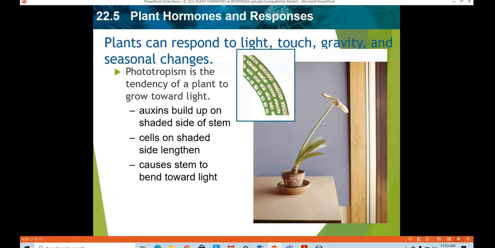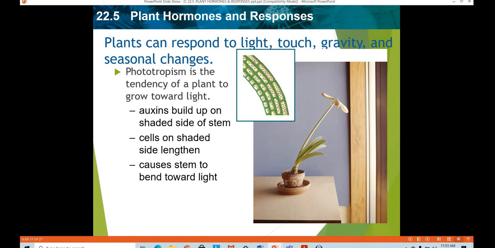So auxins do not grow on the side which faces the sunlight. They grow on the other side which is not facing the sunlight, causing the stem to bend towards the light. When light hits the plant stem, it causes the auxins to build up on the shaded side. And remember that in a stem, auxins cause cell elongation.